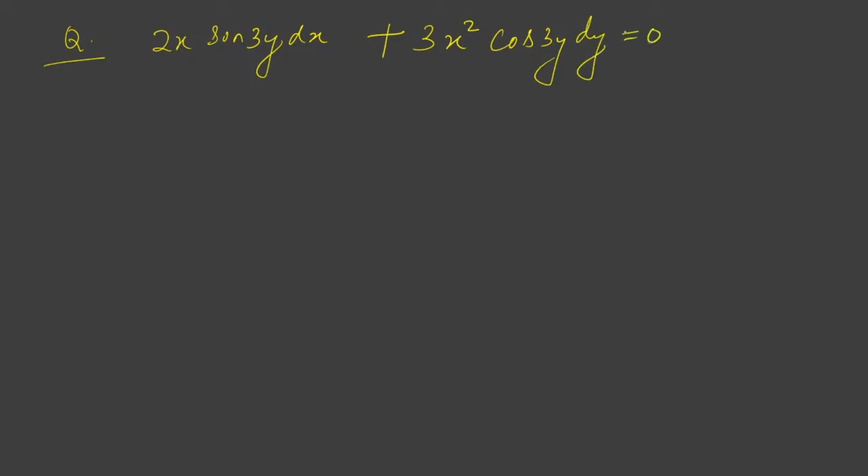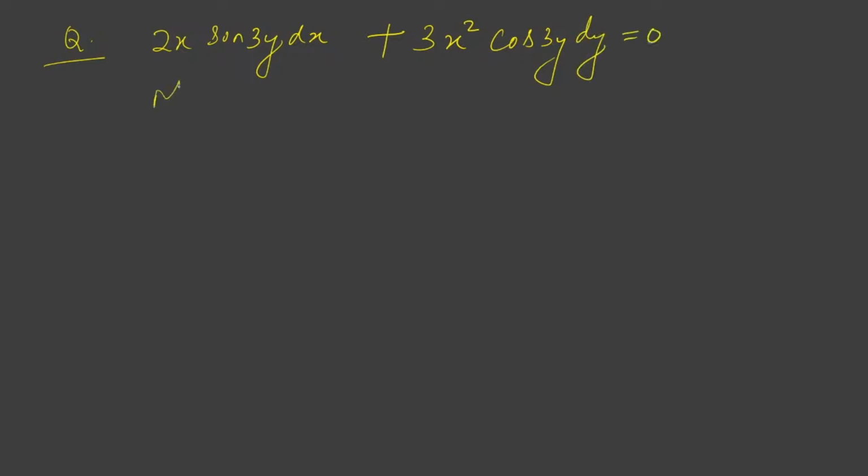So let us solve some more problems so that more concepts become clear. So let us see one more problem: 2x sin 3y dx plus 3x square cos 3y dy is equal to 0.